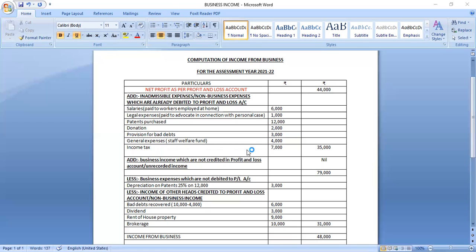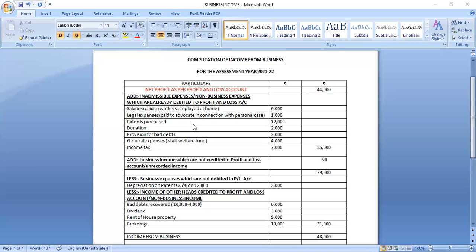Next, we go to the patents purchase. The patents purchase is an intangible asset. When you purchase any intangible assets or any fixed assets, that is called capitalized expenditure.